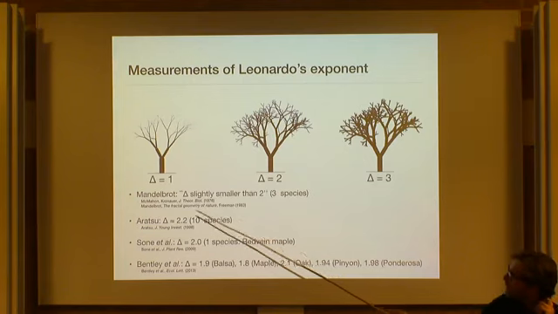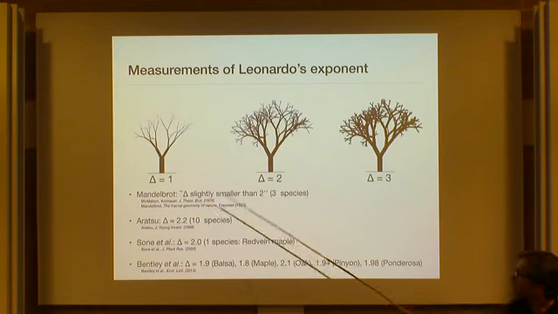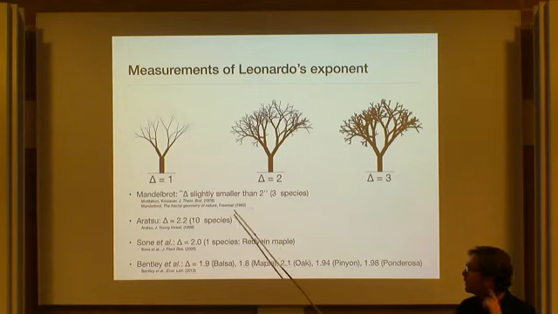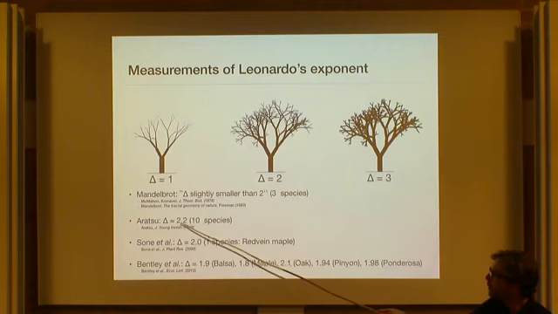So Mandelbrot himself took data from McMahon and Kronauer in a 70s paper, and he said that the data correspond to an exponent that is slightly smaller than 2. And then there have been these four measurements. This is an undergrad paper. This is a paper on one species and a few individuals.